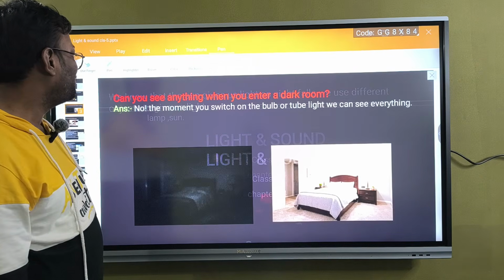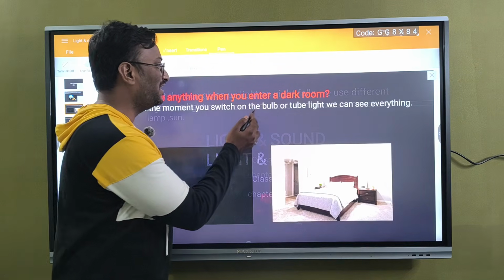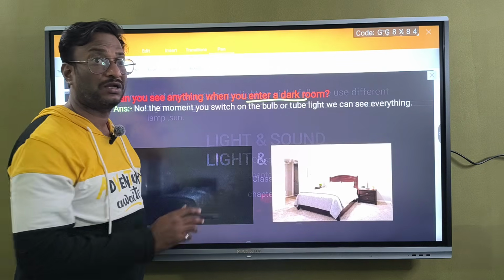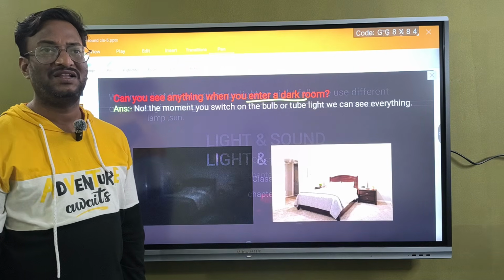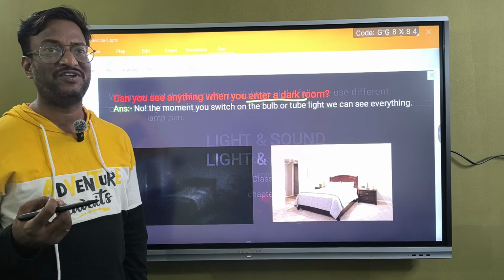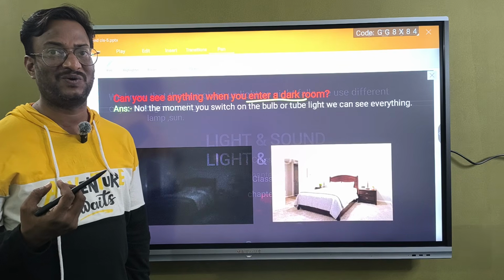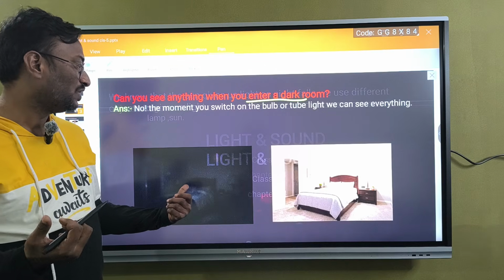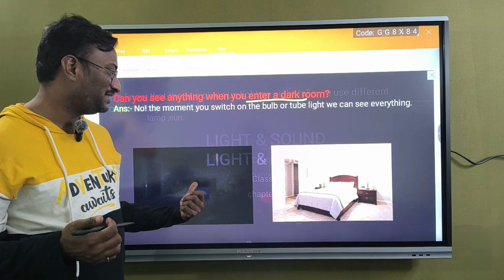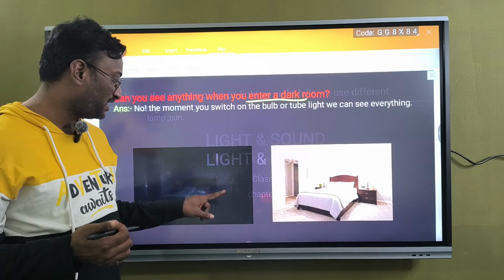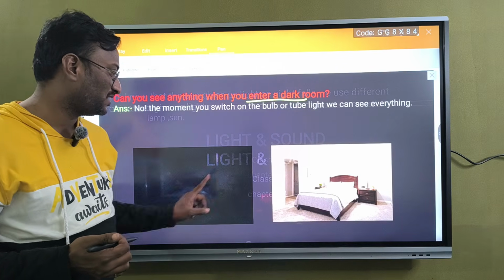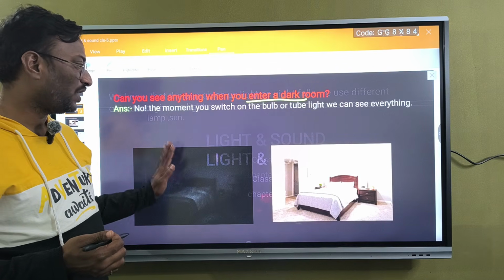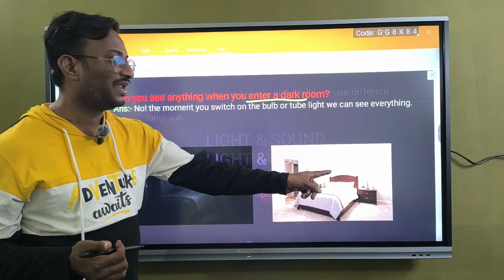Next thing is, can you see anything when you enter a dark room? See children, at night, generally we are afraid to go inside a dark room. We don't see anything like this. Here also there is a bed, the same bed, but there was no lighting here, and here it was lighting.